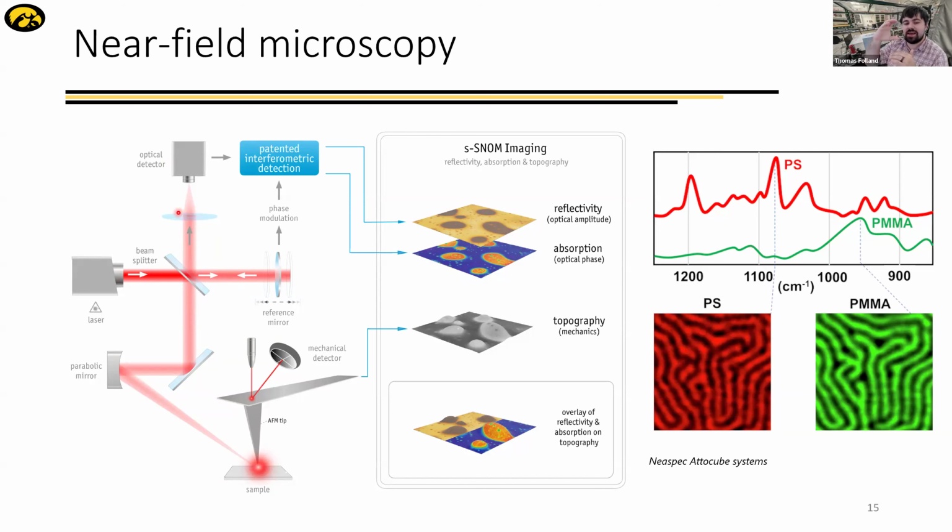And because the interaction between the tip and the sample is non-linear, when you do this, you actually extract information about the light scattered off the tip in the vicinity of the sample. So it's on the order of a 20 nanometer volume, kind of near the surface of the sample.